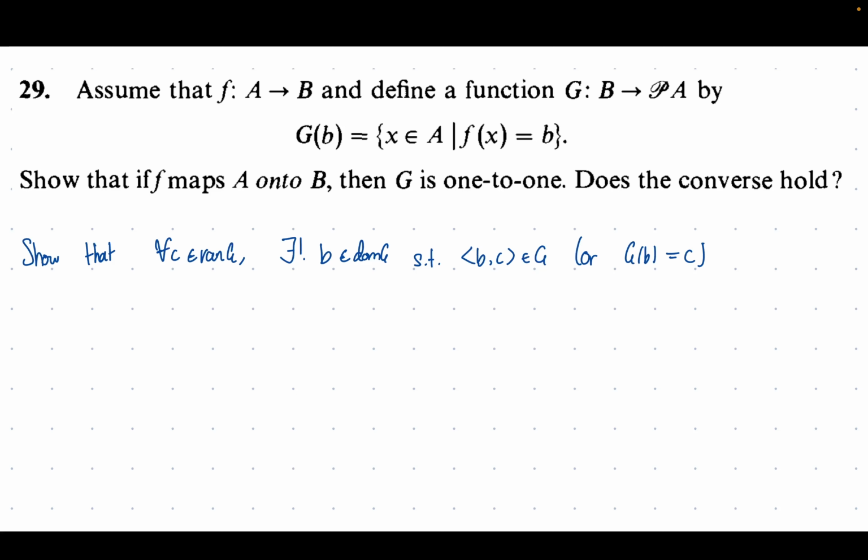Okay, so let's suppose c is in the range of g, right? Then there must exist some b in the domain of g such that (b, c) is in g.